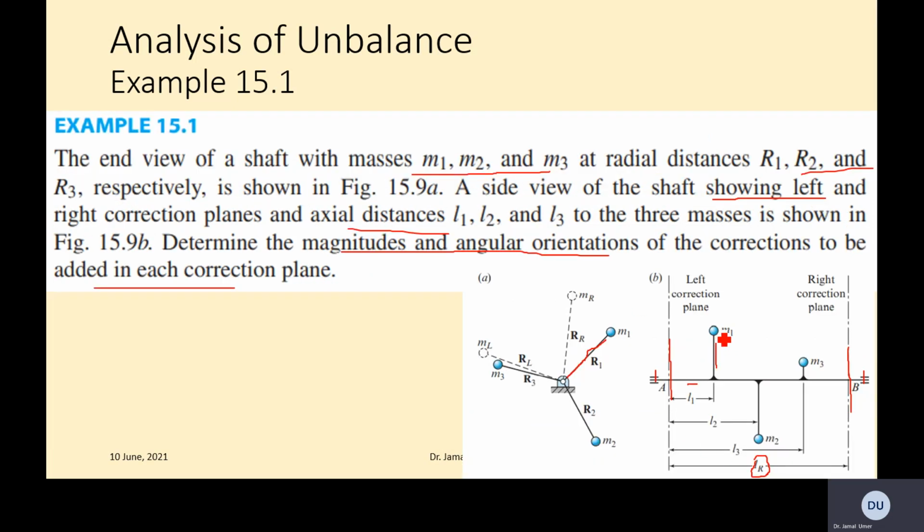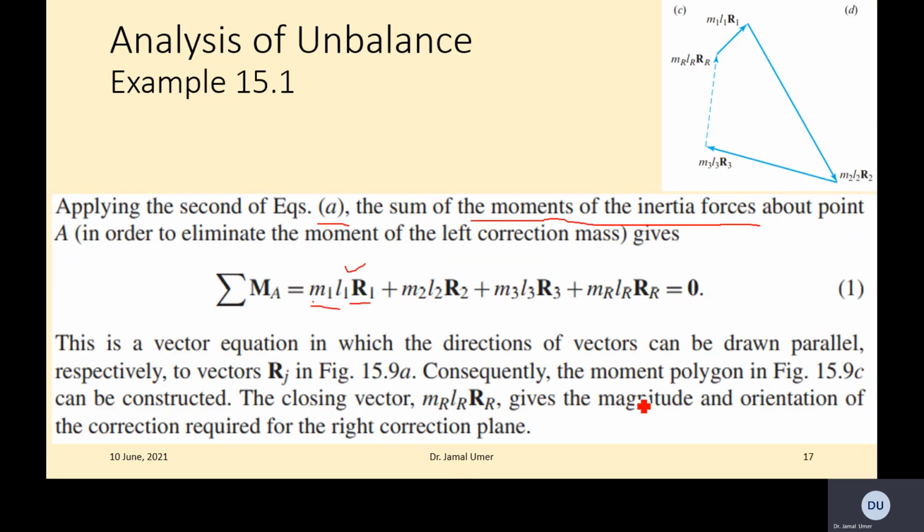So this m1 r1 is a force and it is acting on this much length. This much length will give you how much moment you have. Same goes for the second mass, the third mass, and the left side correction.